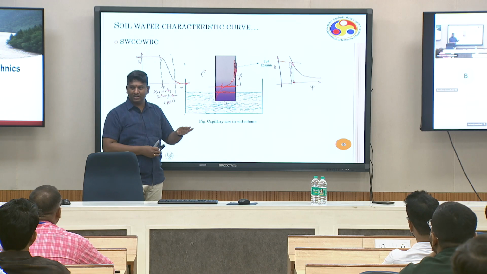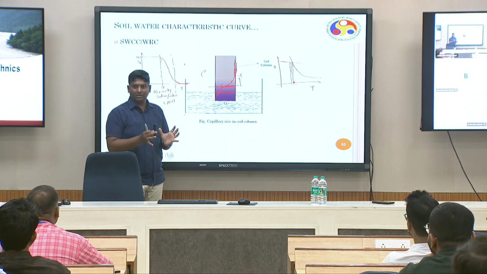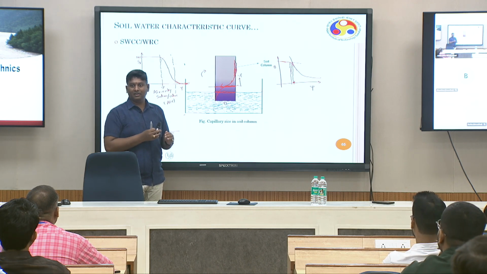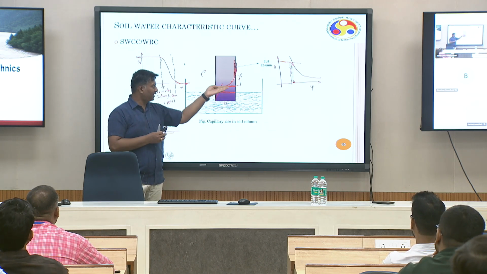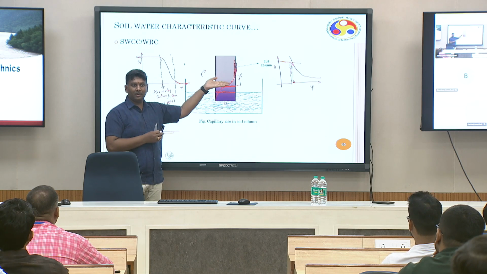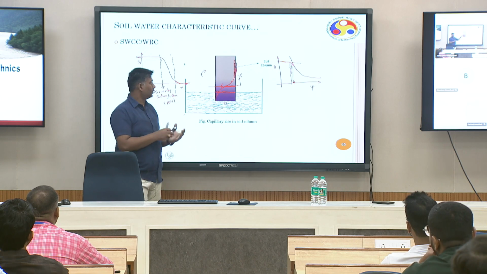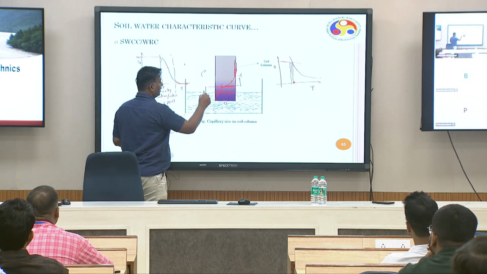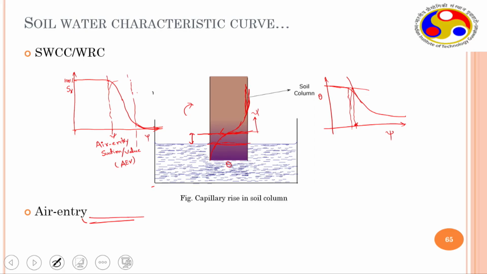Some pores are fully saturated, fully filled with water. Some pores are emptied by air. Therefore, at any cross section beyond this, soil is partly saturated, right? So what is this called? Capillary raise and air entry head we can call.